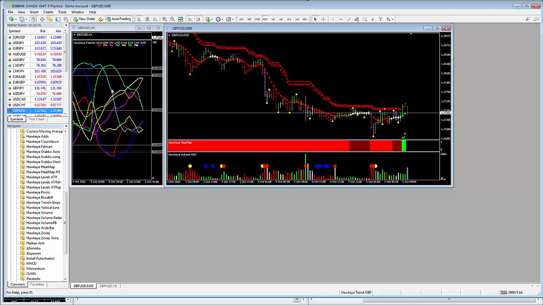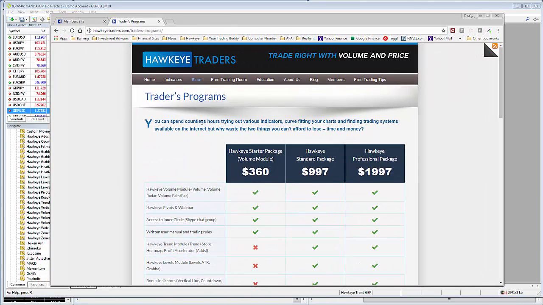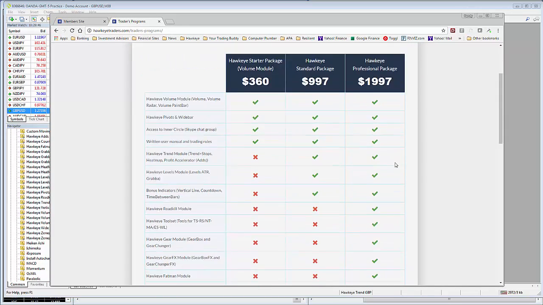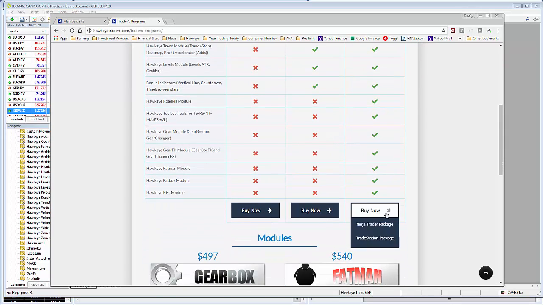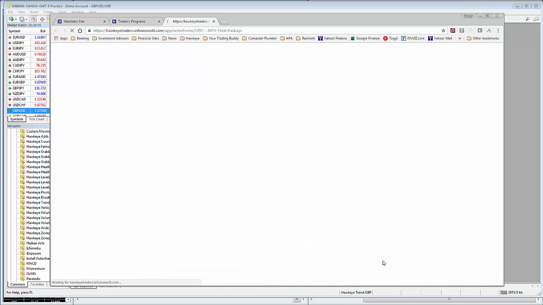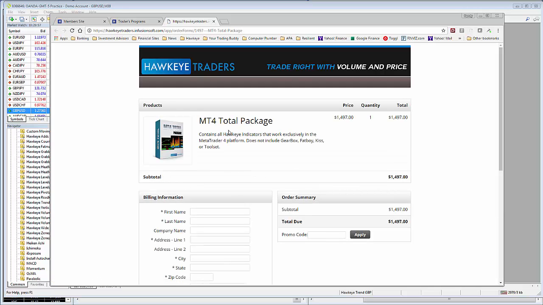So there are some features, so we sell it at a totally different price. If you were to go over into the Traders Program section and look, you can see the professional package is listed for $19.97. But if you were to go to purchase it, you can see the MT4 has a different name. It's called the MT4 Total Package.